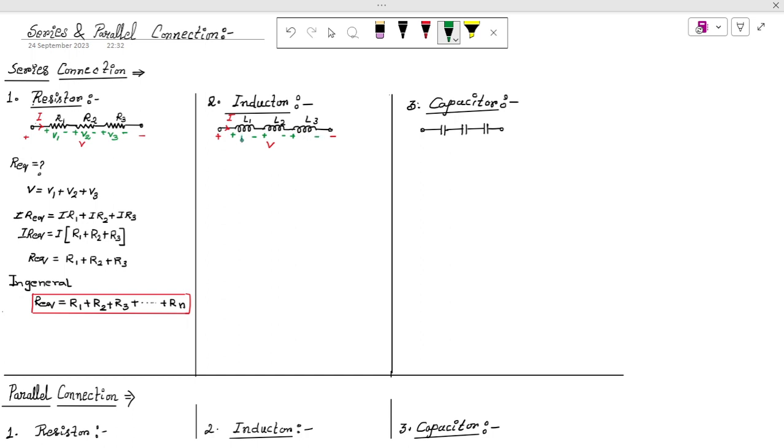As before, this is V1, this is V2, this is V3. Okay, now in case of inductors you have to find out the L equivalent, right?